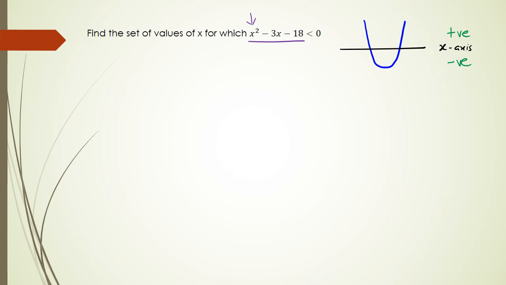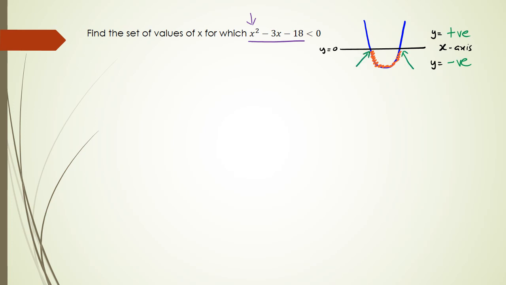Remember, at the x-axis y is equal to 0. It's the y values that are positive above the x-axis and negative below it. So we're looking for less than 0, which means the zone we're looking at is this particular zone here. So what we want to know is what are these two values right here?